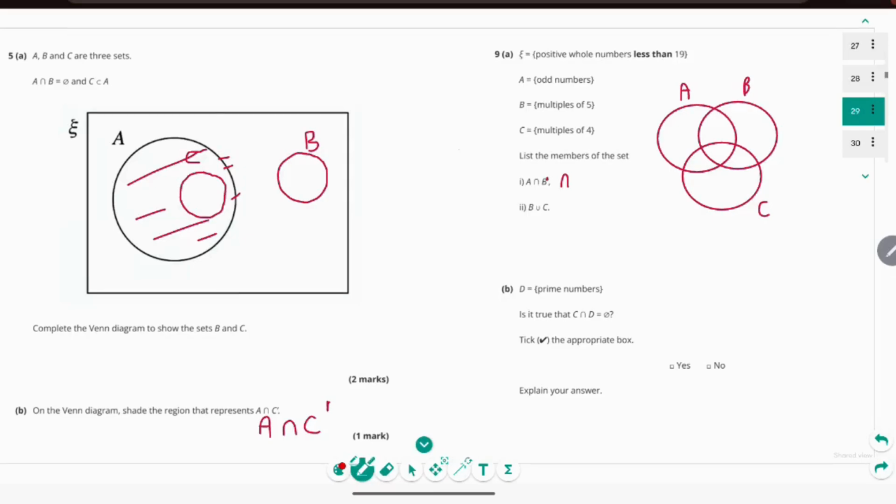So I'm going to write this out a bit better. A intersect not B. A odd numbers, B multiples of 5, C multiples of 4, less than 19. A odd numbers, B multiples of 5.